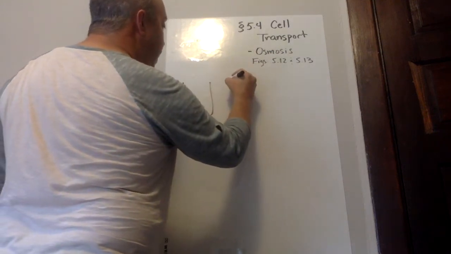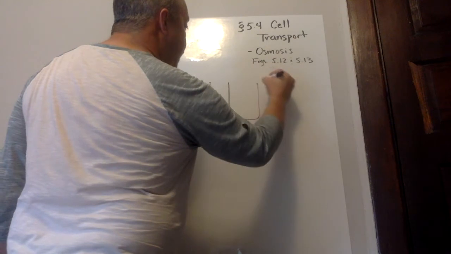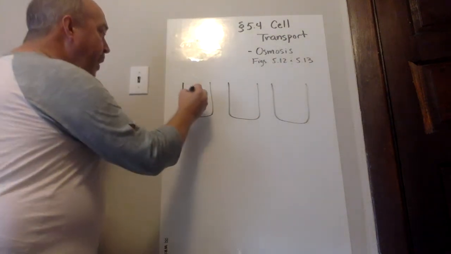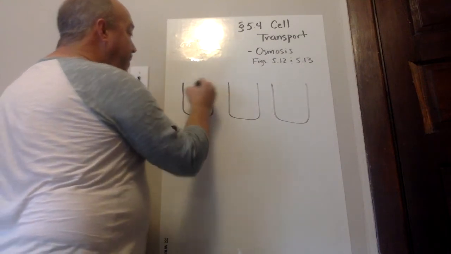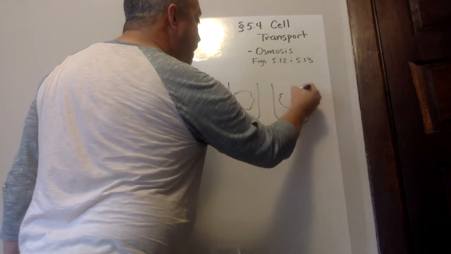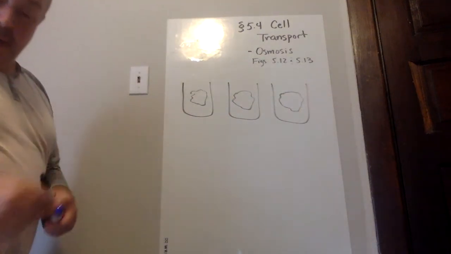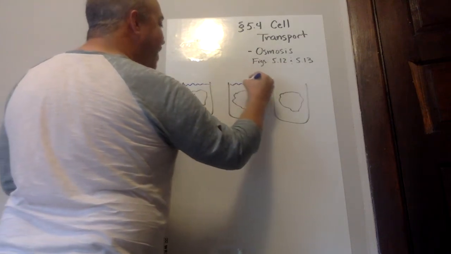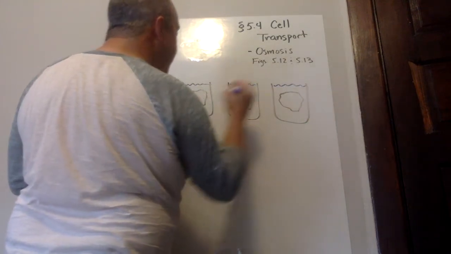So here's beaker 1, beaker 2, and beaker 3. Here are three cells in each of our beakers. So here's our blue water, because the solution is still going to be mostly water.